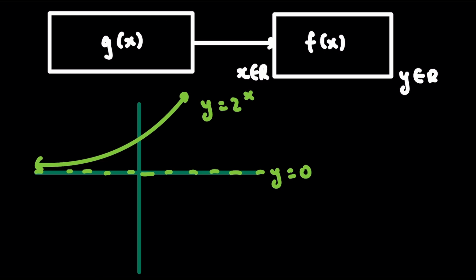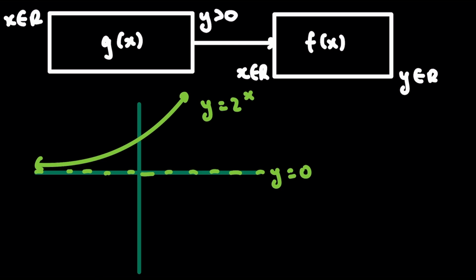The domain is that any real number can be entered into this function. So we know the domain is simply x is an element of all real numbers. But looking at the graph, because we know range has to be done graphically, the range can be only any value where y is more than 0. So it cannot even equal 0 because of this asymptote. So I'm just going to say y is more than 0.